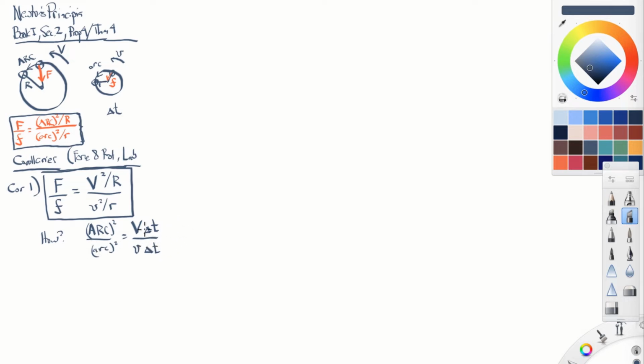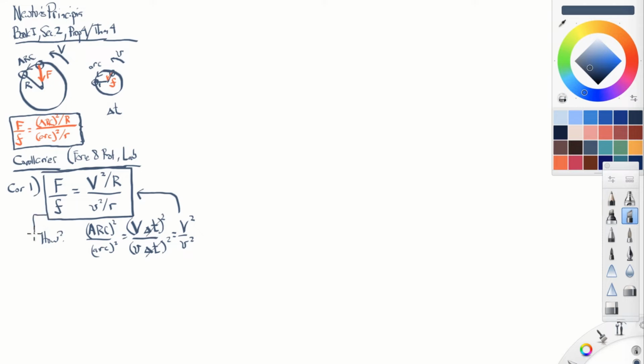And so the ratio of these arc lengths can be expressed in terms of the ratio of their velocities. In other words, the ratio of arcs squared, oops, I forgot to square these. They should be both squared. I apologize. There we go, because these are squared. So the ratio of the arc length squared is the same as the ratio of the velocities squared. And that's exactly what we're doing here in order to arrive at this formula. So you can write the ratio of the forces as the ratio of v squared over r, where velocity is the speed that they're rotating around, and again, r is the radius of the orbit.